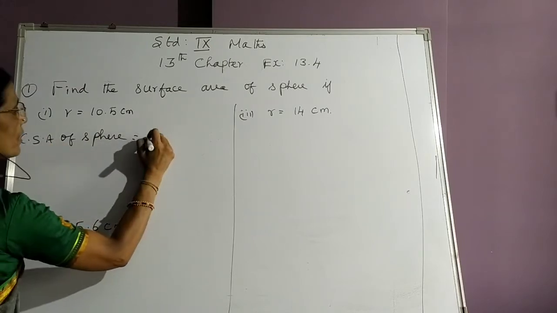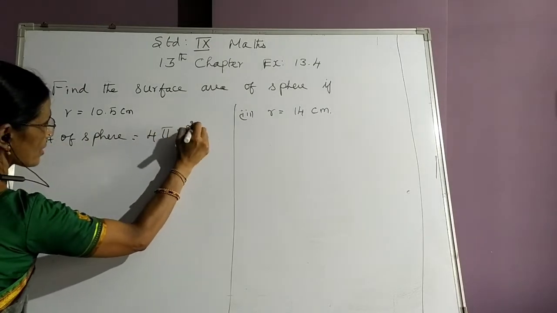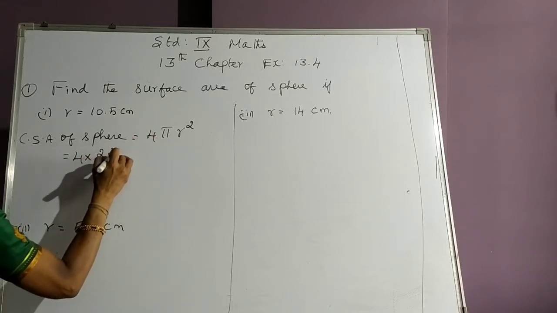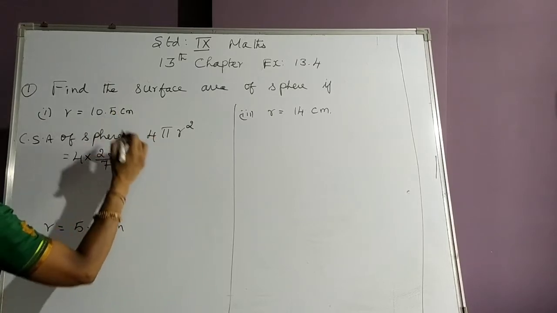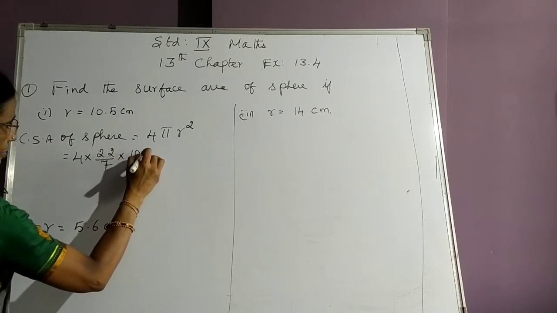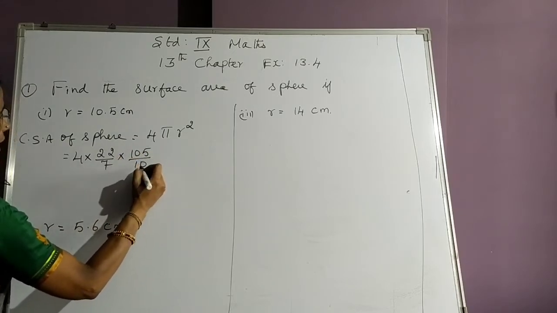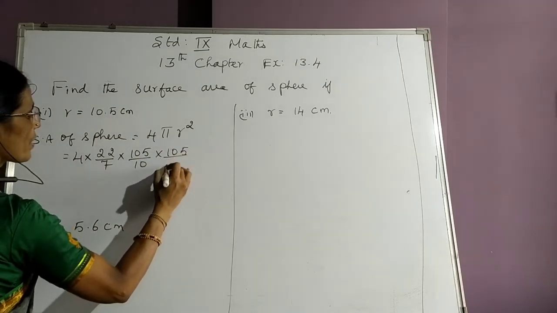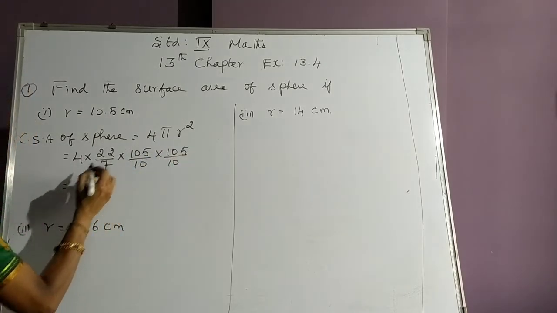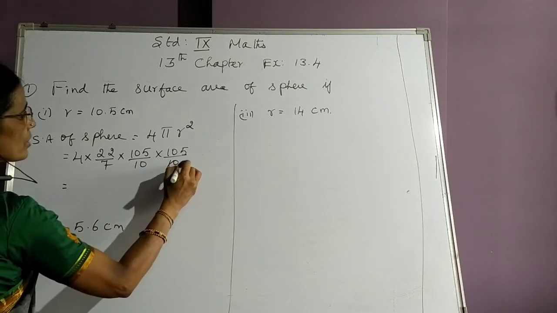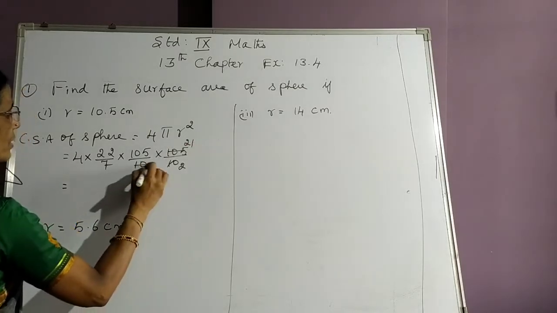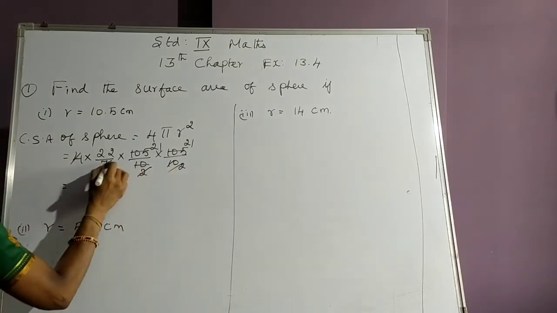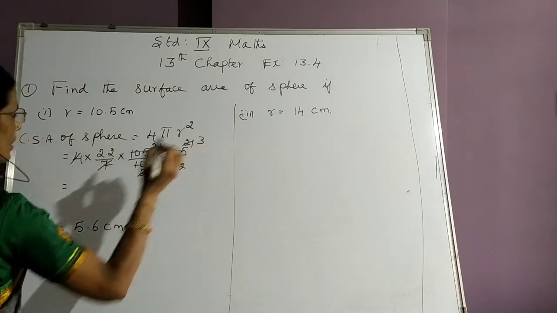The formula says it is 4 pi r square, which is equal to 4. Pi value we know 22 upon 7. R is given 10.5. To eliminate the point, I multiply by 10 here because of one decimal place, so 105 upon 10. This can be cancelled here. 2, here 21, here also 2, 21, 2 2s are 4 and here 7 with 3.